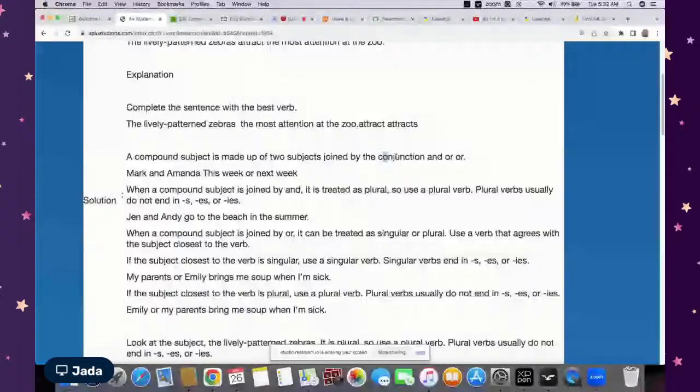So when you have a compound subject, it is joined by the conjunction and or or. Mark and Amanda, this week or next week.